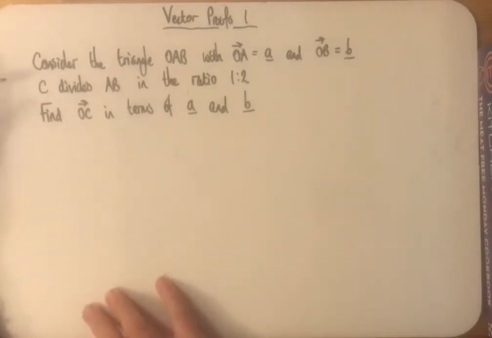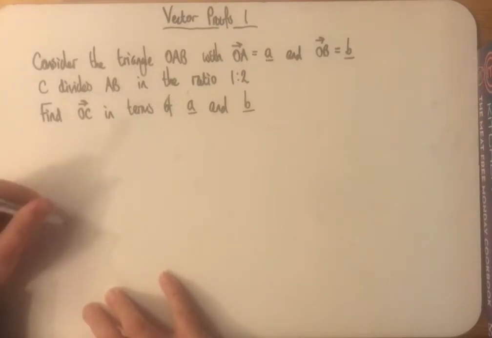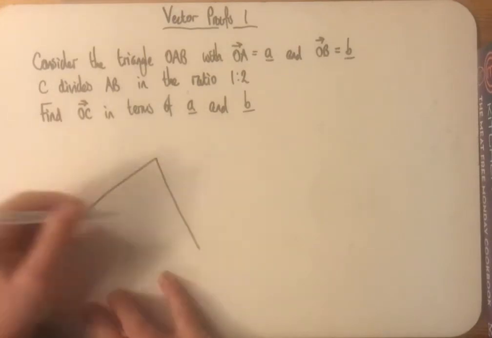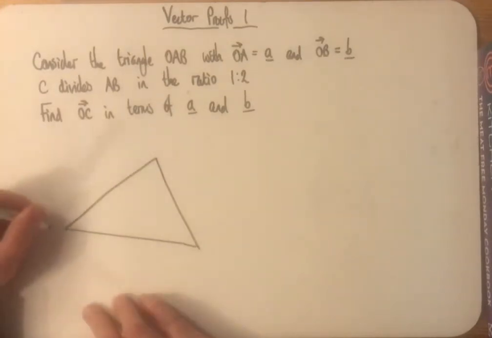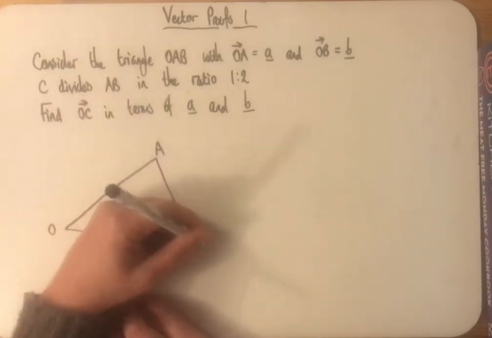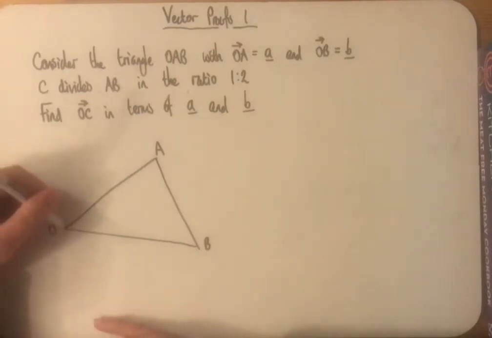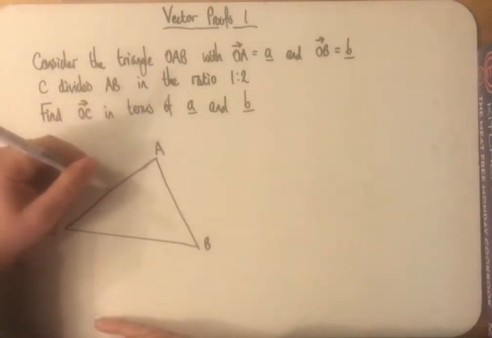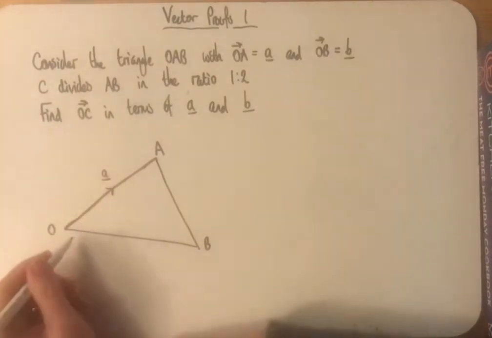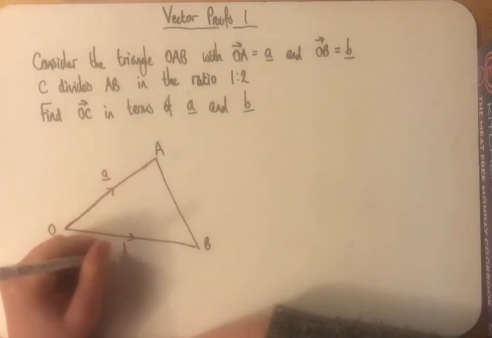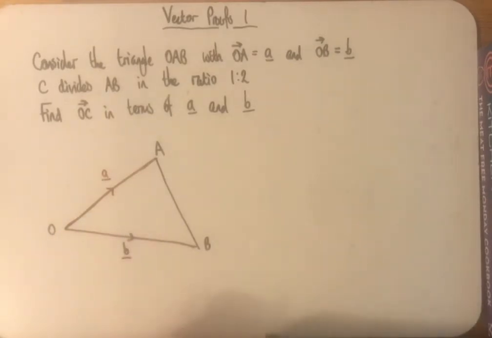So consider the triangle OAB, with OA equal to lowercase a, the position vector of A, and the position vector of B, lowercase b, and C divides AB in the ratio of 1 to 2.